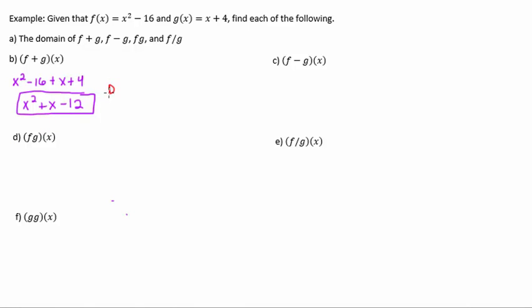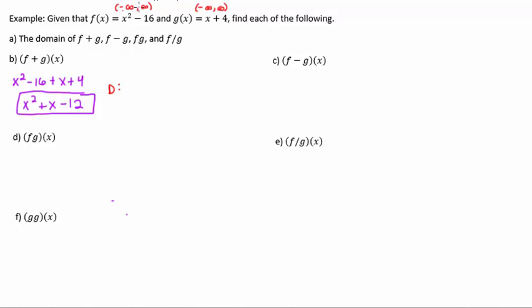Now let's talk about the domain of that. Well, for one thing, it's important to know that the domain of our original functions, since they don't have square roots and they don't have fractions and they don't have logarithms, both of these have domains of all real numbers, which is negative infinity to positive infinity.